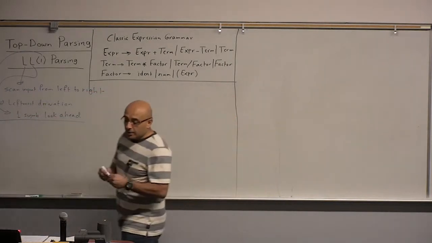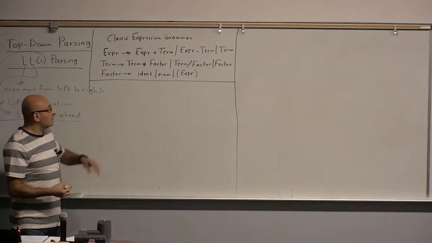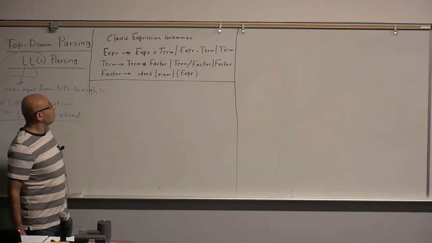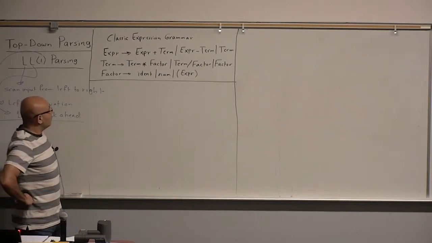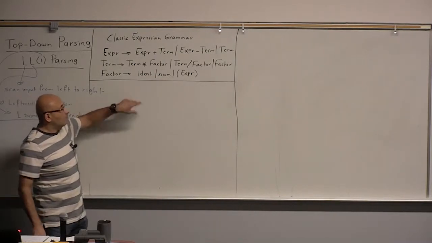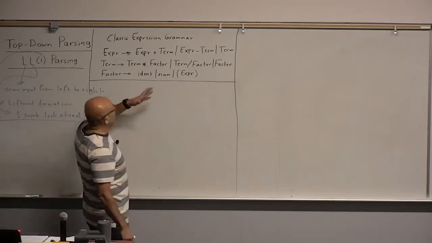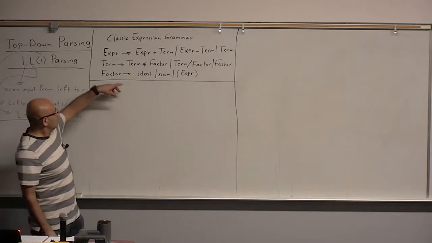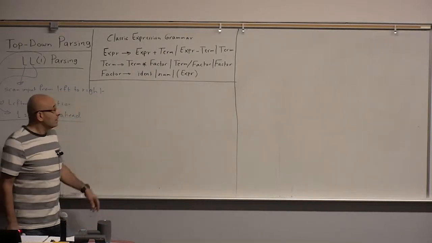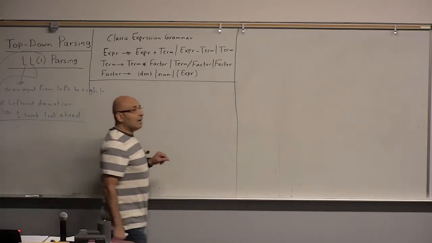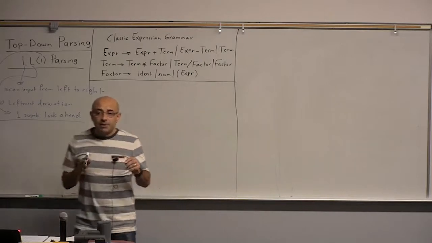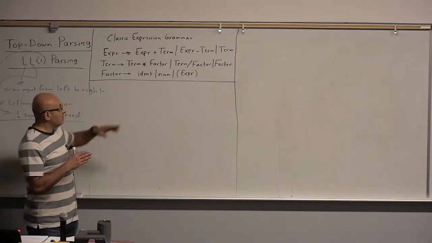So what we did last time is that we reached at this grammar for generating expressions in a typical programming language with the basic arithmetic operations, multiplication, division, addition, and subtraction. And we talked about the challenges of building a parser for this.